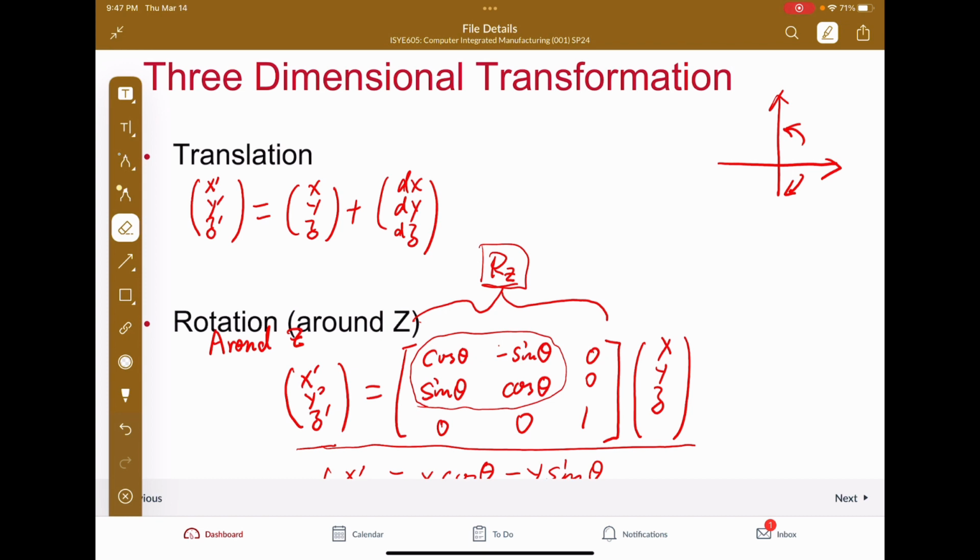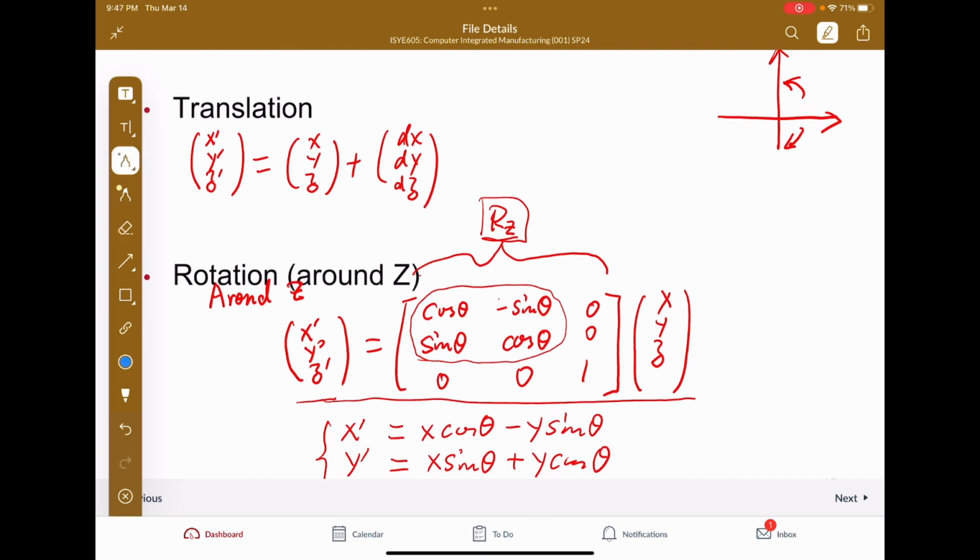So in these slides, we want to extend our 2D transformation, not 2D rotation, to 3D transformation. In here, we have a translation, which is easy to understand.